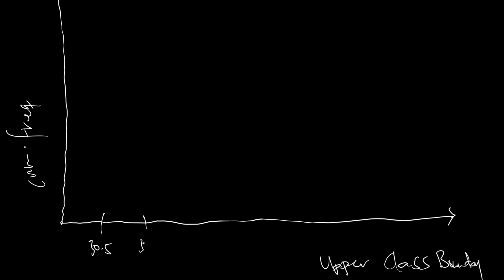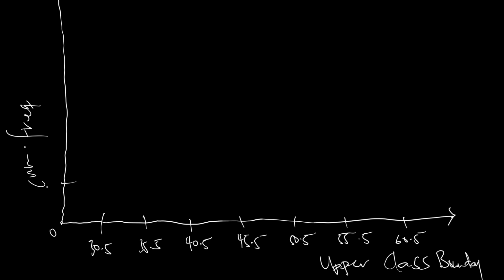So 35.5, 40.5, 45.5, 50.5, 55.5. Then here we have 60.5. Then our y will be our cumulative frequency. For every 2 centimeters, we have 10 units.